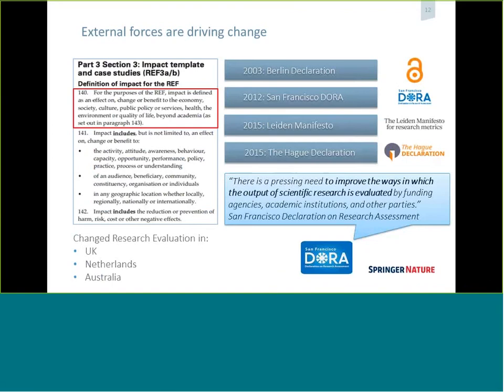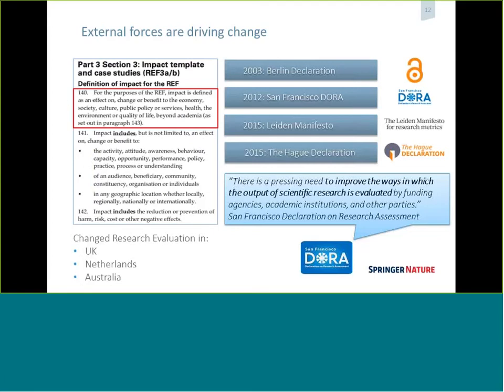And there are a couple of external forces driving this change. For example, on the left side you see a snippet from the UK REF, the research evaluation. In there they say, for the purpose of the REF, impact is defined as an effect on, change or benefit to the economy, society, culture, public policy and services, health, the environment, or quality of life, all beyond academia.